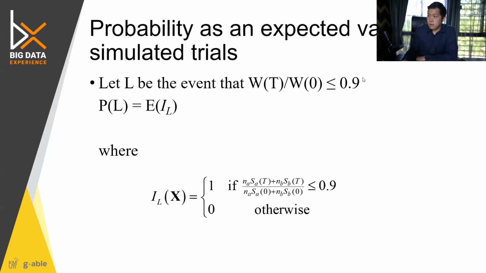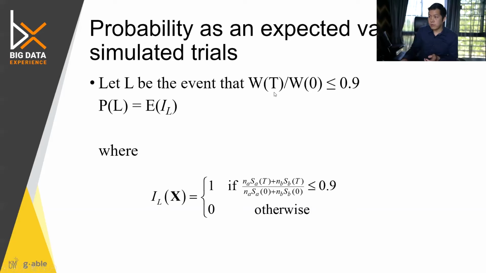And we have this, if it's less than 0.9, then that means the event L occurs. We want to find the probability that this event occurs. So how to do that? Repeat it lots of times, count the number of times that the event occurs, and then compute the average, and then you get the probability of this happening.